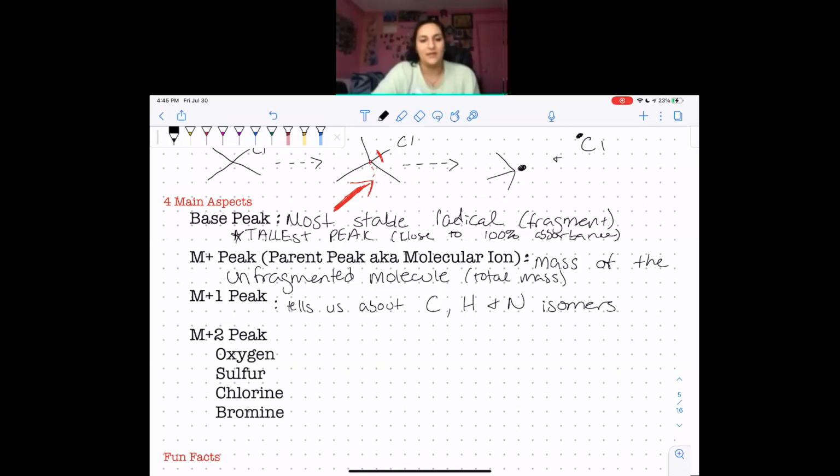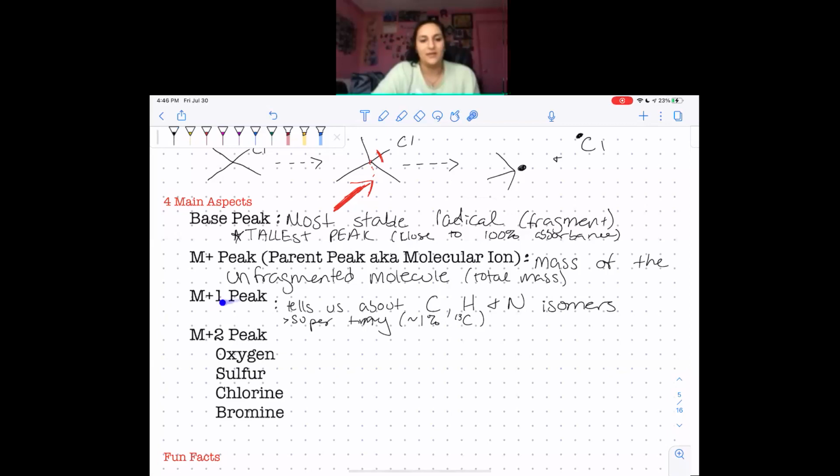This peak is always super tiny and is always, always, always present. And the reason for that is because in every single sample you ever do, you're going to get about a 1% carbon-13 trace. So you're always going to have a tiny M plus 1 peak.